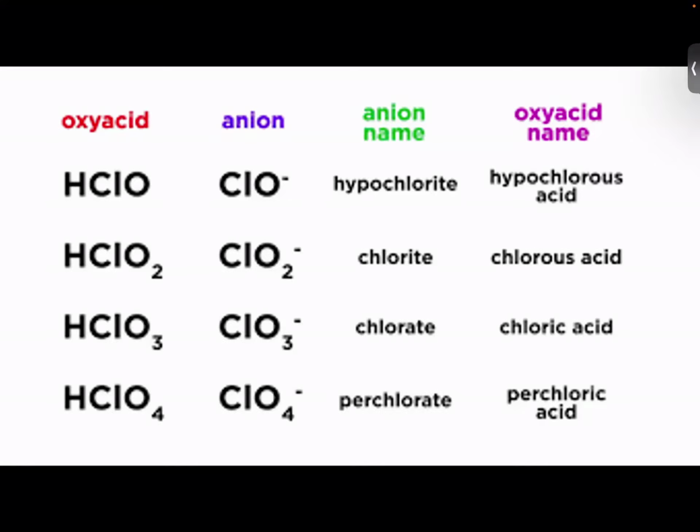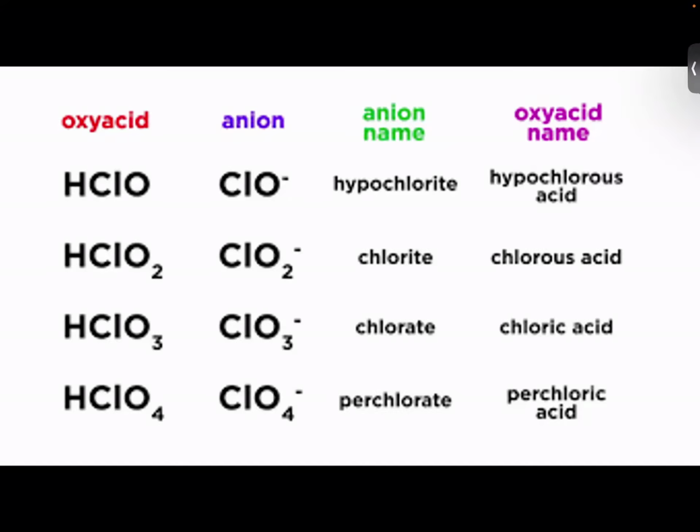ClO minus is hypochlorite. And yes, I tend to emphasize my I's, ATEs, and ITEs because they get very confusing. This is hypochlorite. Because it's a -1 charge, there's a single hydrogen.